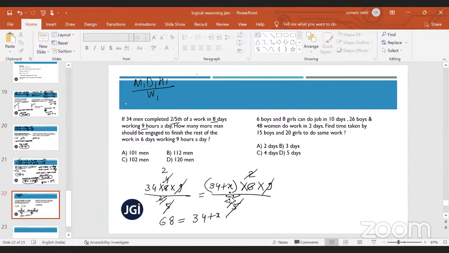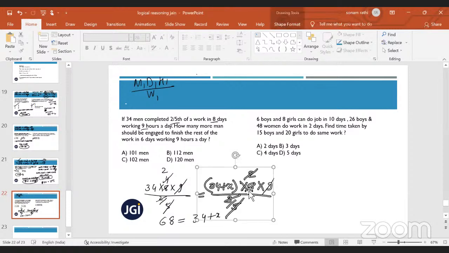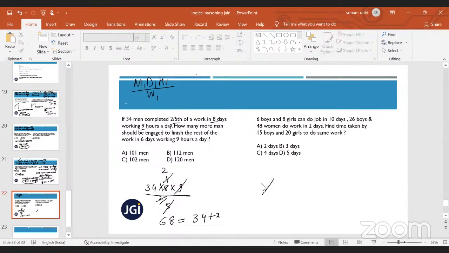Ma'am, why did you divide 6 and 8 by different digits? Okay, wait, let me see if I have done some calculation mistake.